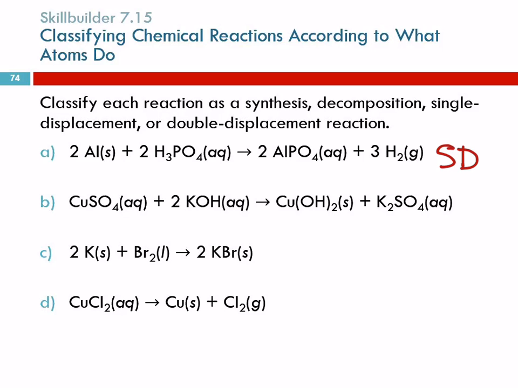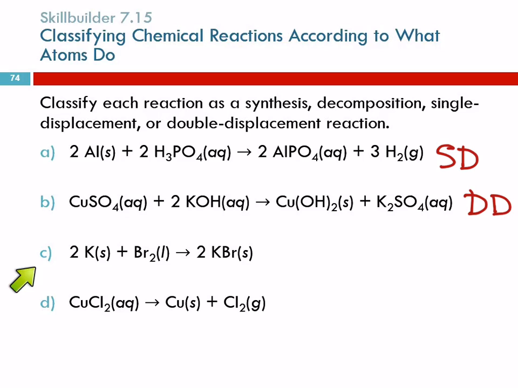Two people are being displaced. It's double displacement. We'll call that DD for double displacement. You see how it works? If you can grasp those patterns, then looking at this jumble of letters and numbers, you can start to see the pattern in there, and it's really not that bad.